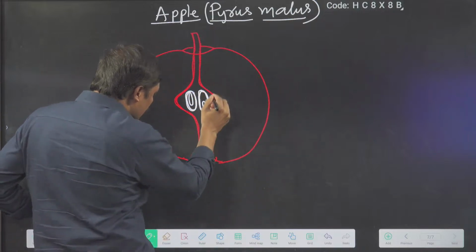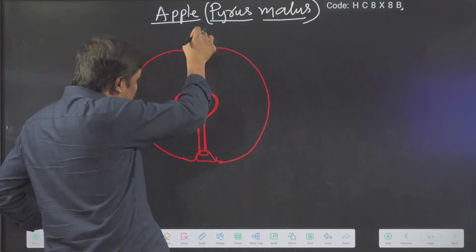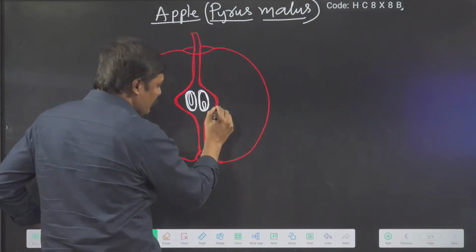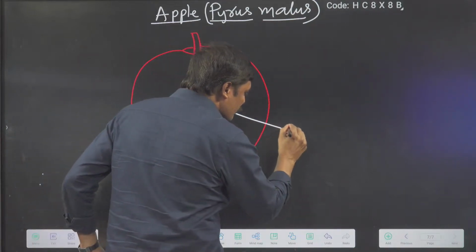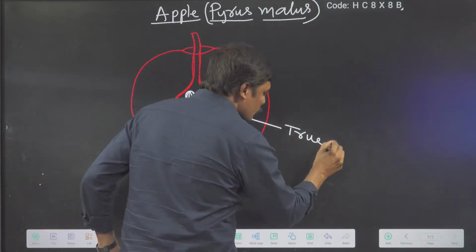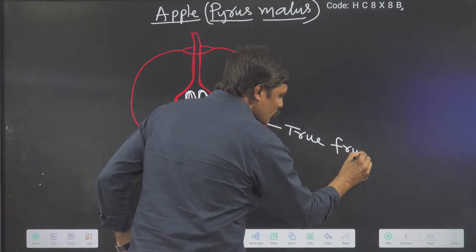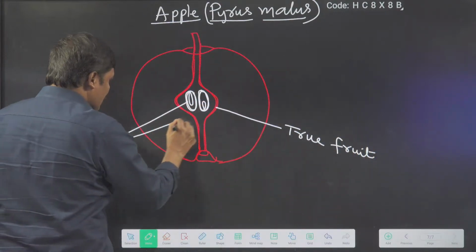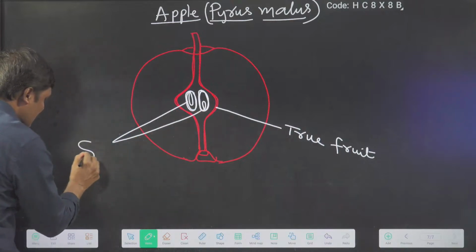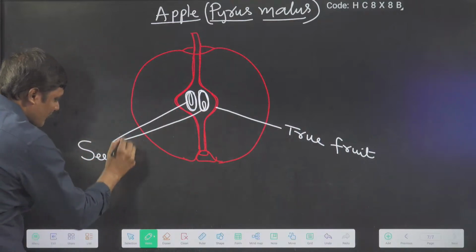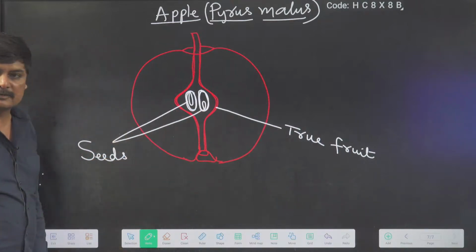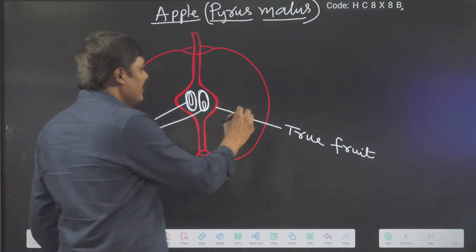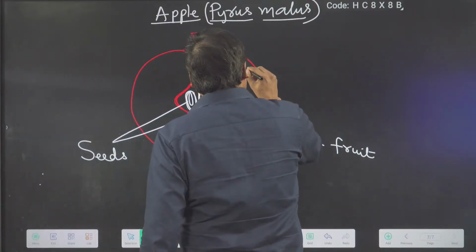In apple cutter we can remove this central part. This is the true fruit. True fruit encloses the seeds. See, these are the seeds. And this is false fruit.